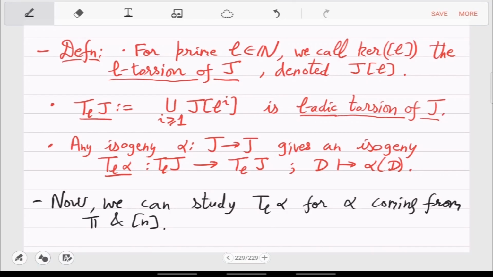So you can basically take powers of pi, and you can multiply powers of pi with n. That's again an isogeny, and you can add such things. So you can actually develop polynomials in pi and n. All these are isogenies. Okay, and we'll see what it does on the L-adic torsion. That is how we'll prove some fundamental new properties of the Frobenius map and zeta function.